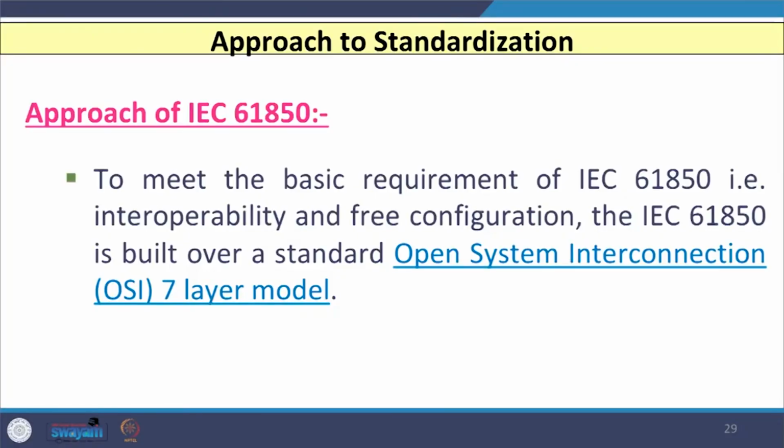So, the next information is related to the standardization, because if we wish to use IEC 61850 protocols, then IEC 61850 has given some arrangement. In this regard, to meet the fundamental requirements of IEC 61850, that is interoperability and free configuration, this protocol is built over an OSI 7 layer model, and OSI is nothing but open system interconnection 7 layer model.